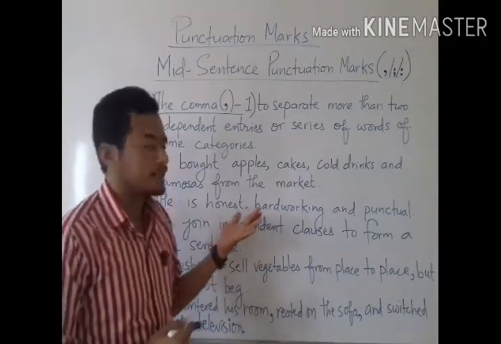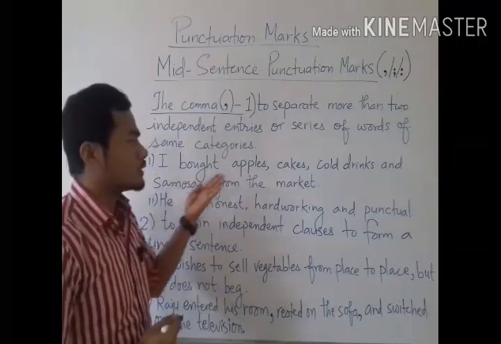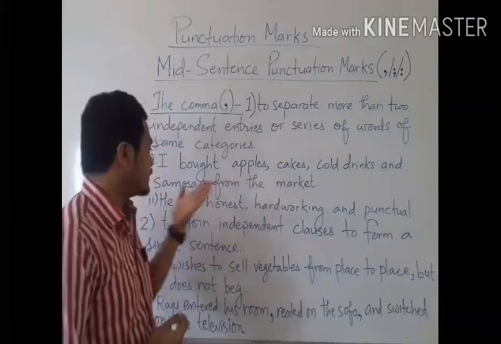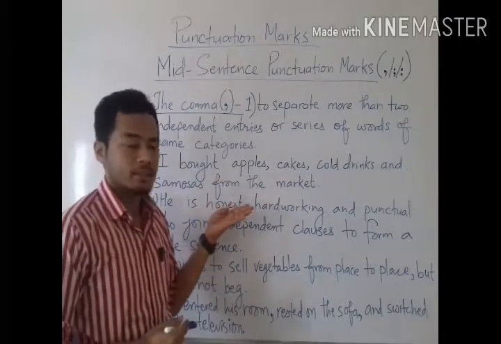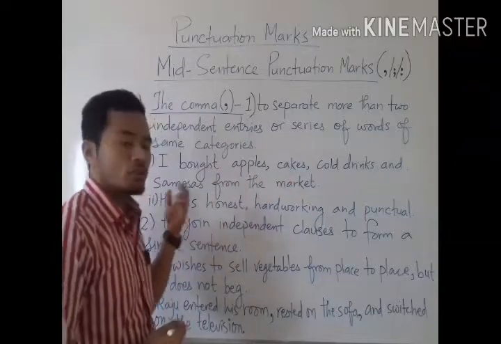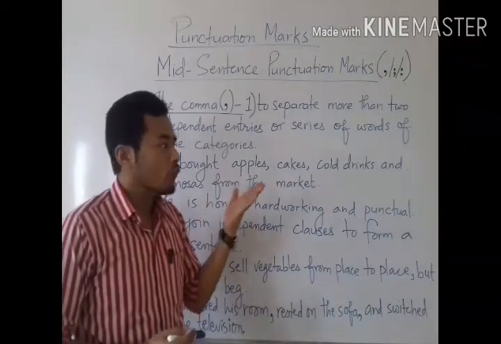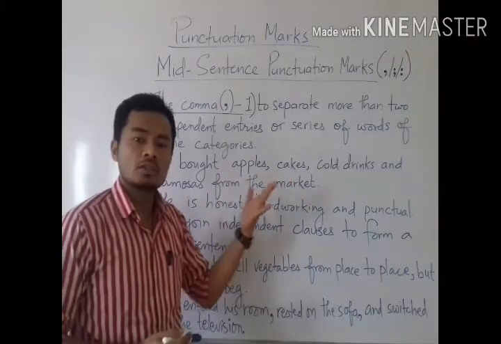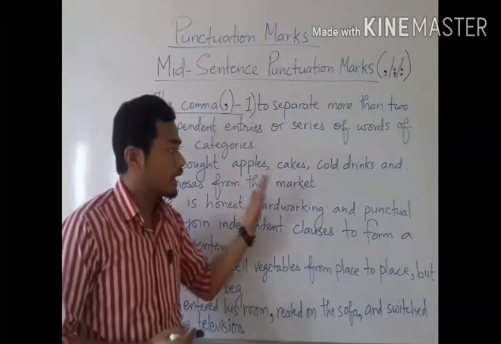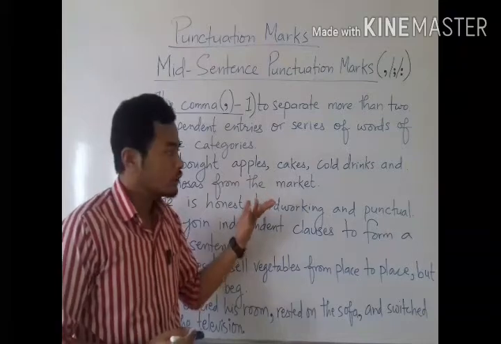Like I have written an example: I bought apples, cakes, cold drinks and samosas from the market. See here, apples, cakes, cold drinks and samosas. These four words are the words of the same category. That means these four words are the names of food.